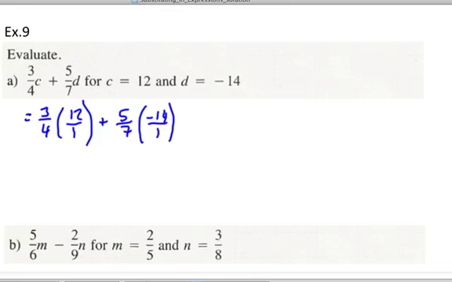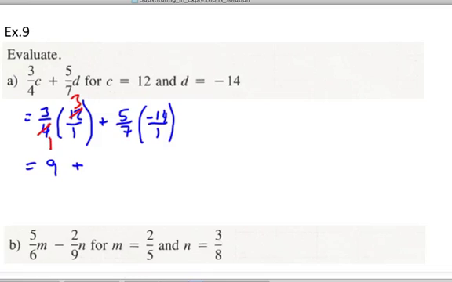Now, what you're going to do is simplify, and 4 goes into itself once, and into 12 3 times. So this is the same as 3 times 3 over 1 times 1, which is 9 over 1, which is just 9.